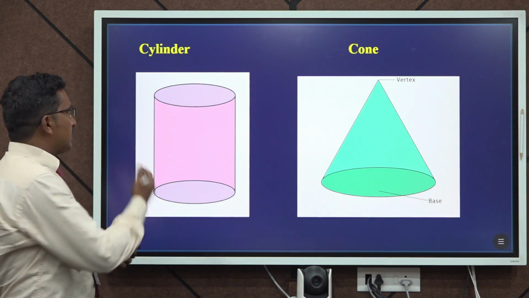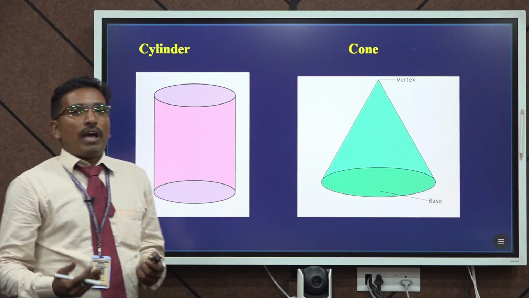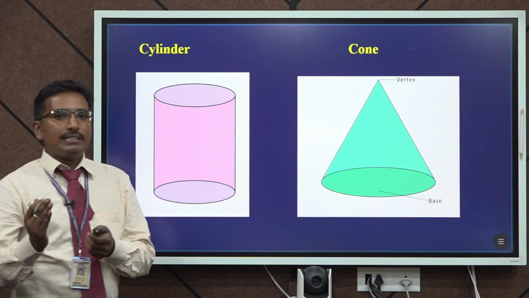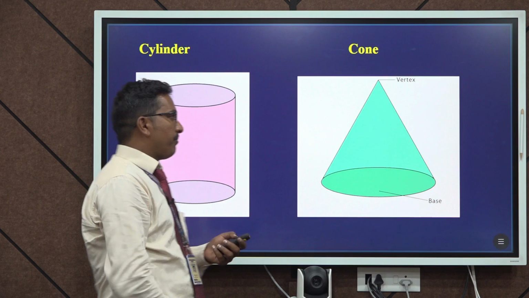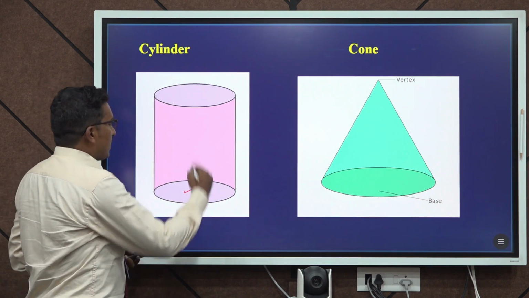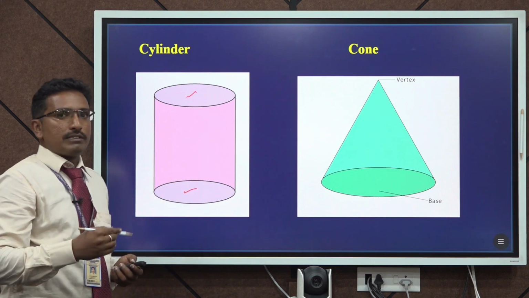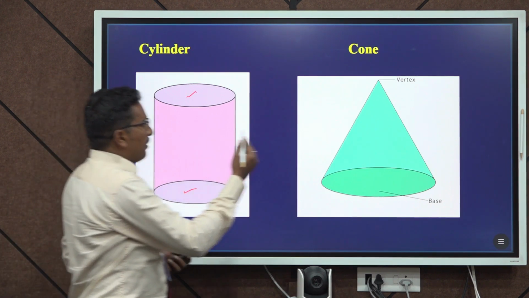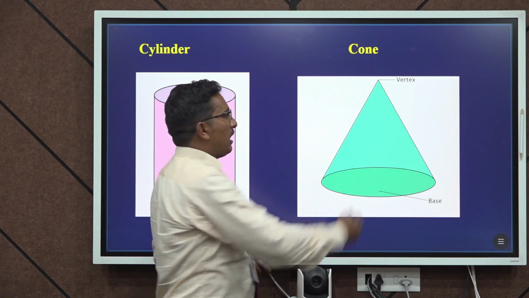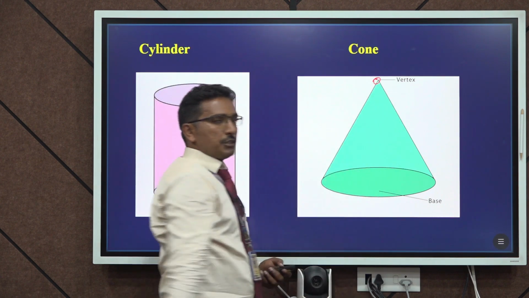That's why we call it a cylinder. We used to have cone ice. The shape of the ice is like a cone, hence we call it cone ice. In a cylinder, bottom and top have circular shapes, and in a cone, at the bottom we have a circular shape and the top portion is a vertex point.